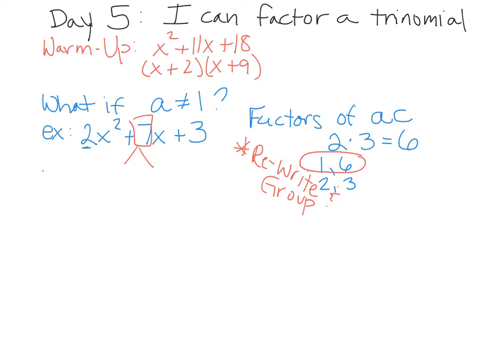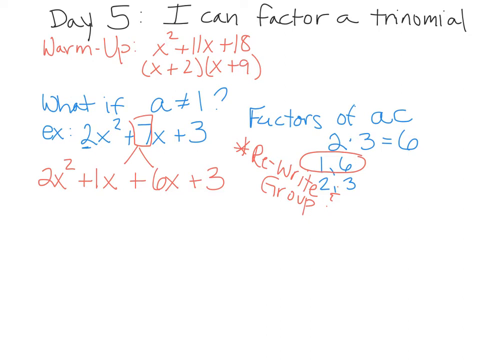Okay, so rewriting, I've got 2x squared, but instead of 7x, I'm going to break this apart into 1x and 6x plus 3. So all I did was take those factors and say, hey, 1x and 6x, that's the same as 7x. Okay, so that's the rewriting part.